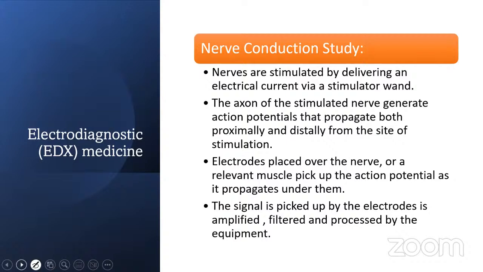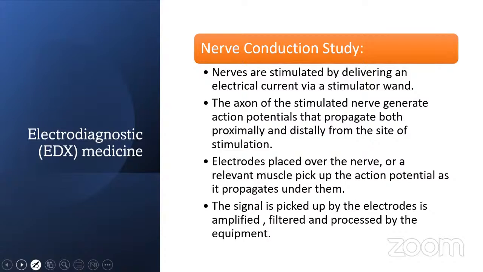Electrodiagnostic studies basically are nerve conduction studies and EMG. These are the important things that DNB neurology and DM students start learning as soon as they join. We stimulate the nerves by delivering an electrical current via a stimulator wand.